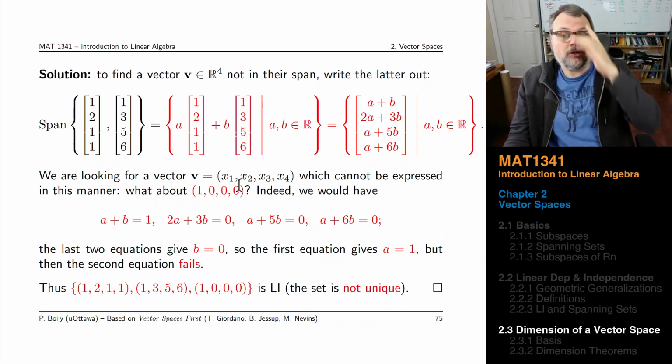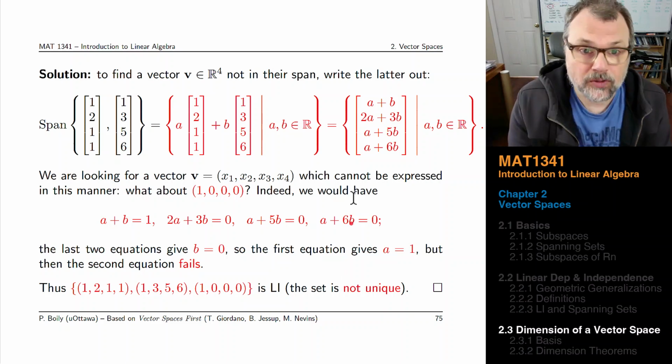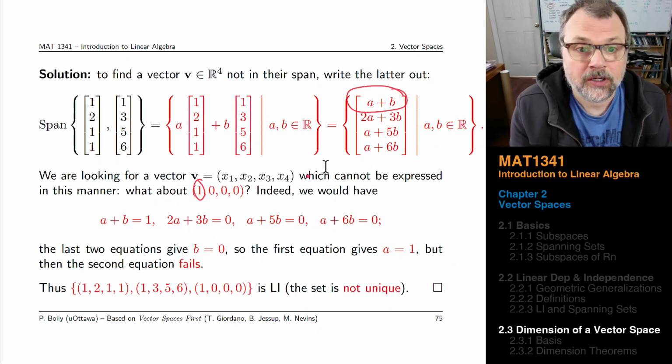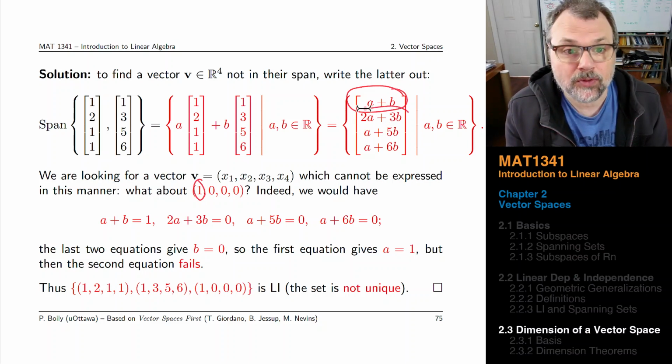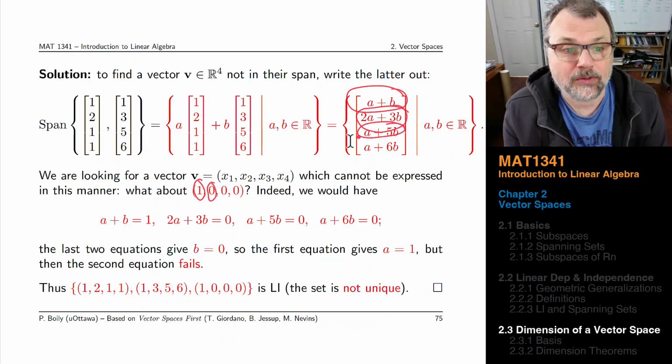If it was in the span of the two vectors, then you could write a plus b equal to 1, so the first component here is equal to the first component here. 2a plus 3b equal to 0, the second component. a plus 5b equal to 0, third and third. a plus 6b equal to 0, right?